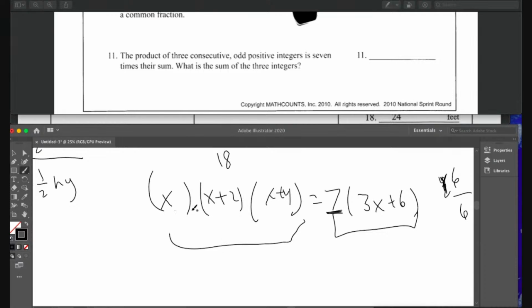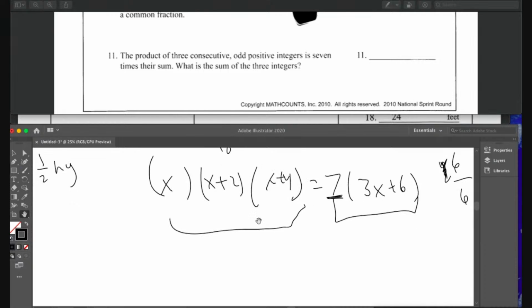So one of these numbers must include a factor of 7. Because these numbers are odd, only one of them can be an odd multiple of 7, so one of these numbers is 7, 21, or 35, and so on.